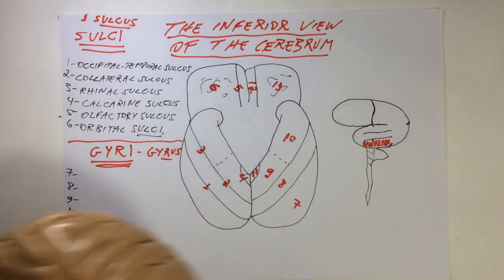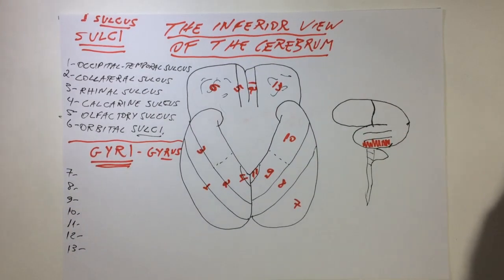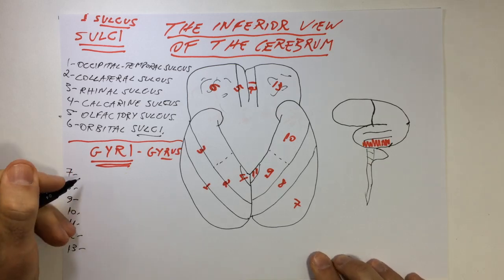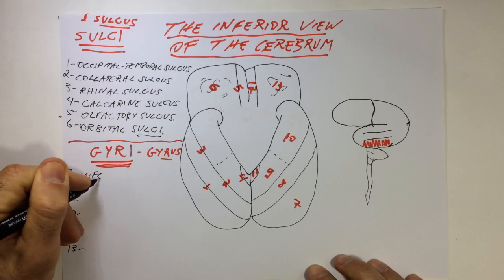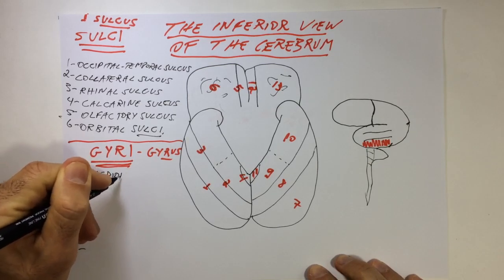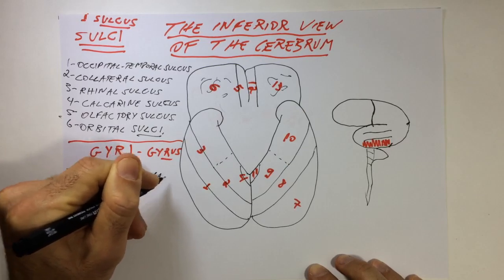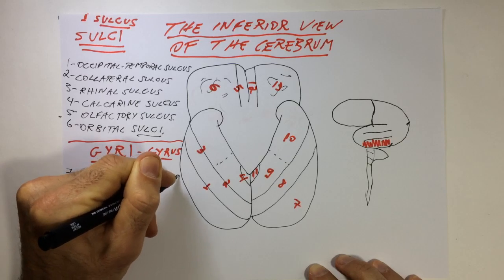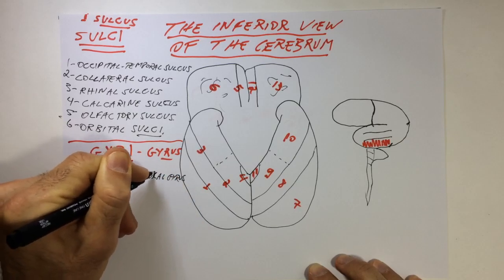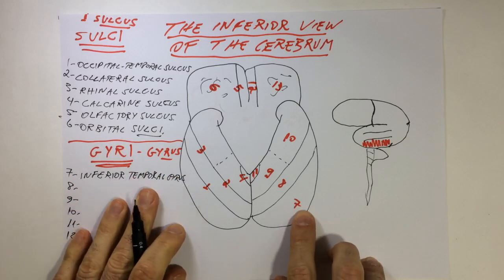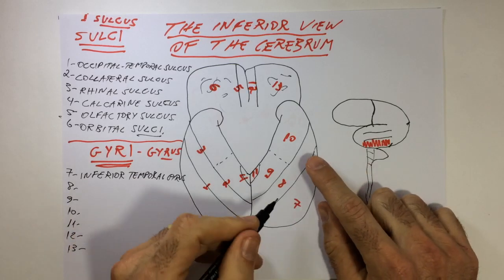This first one, number 7. So that's also called inferior temporal gyrus. Inferior temporal gyrus. Okay.